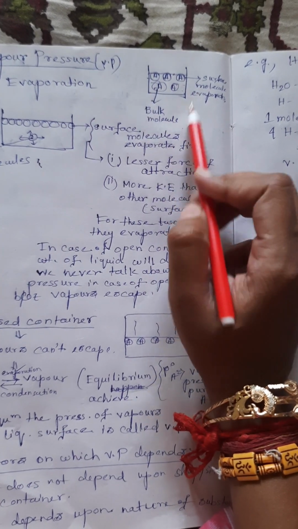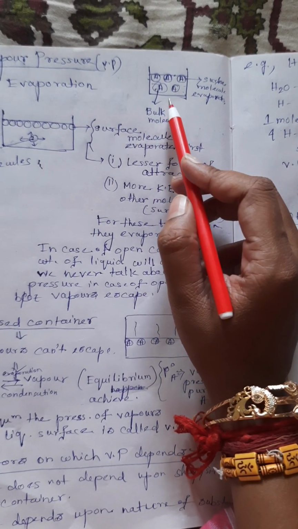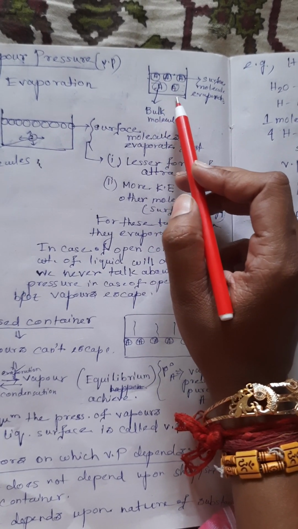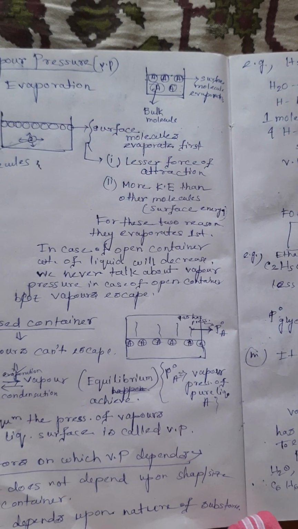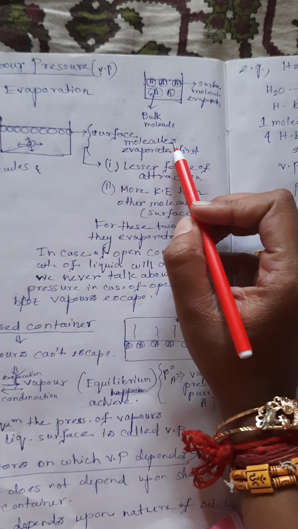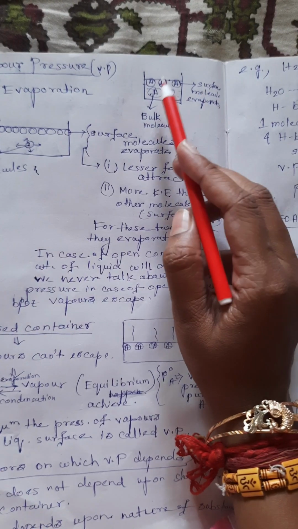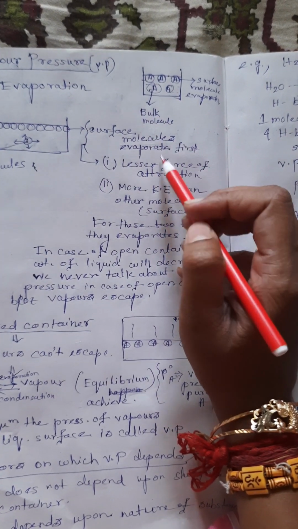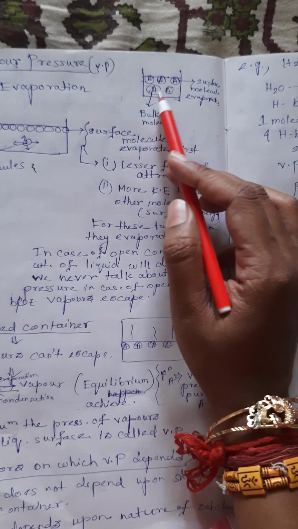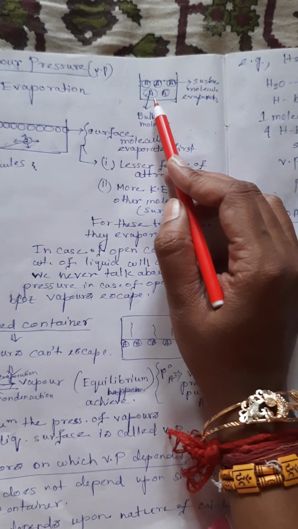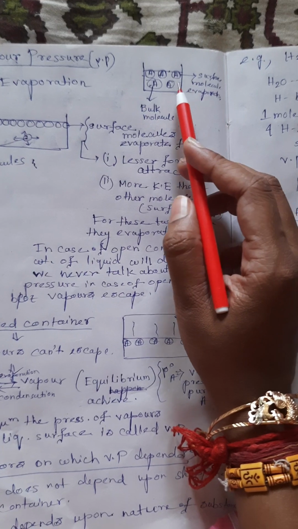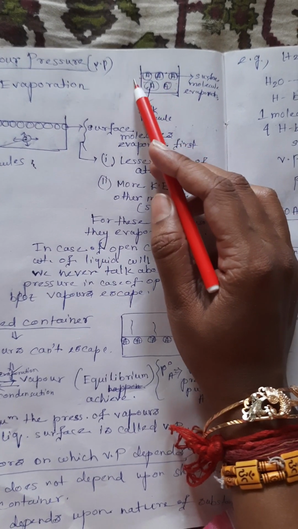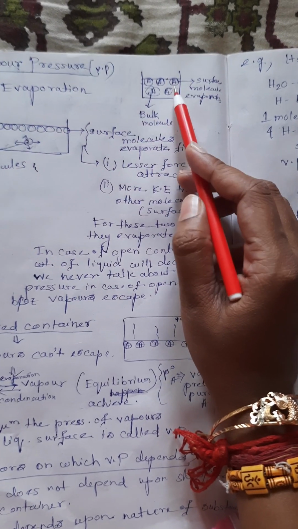You can use these terms not only for an open container but also for a closed container. First of all, bulk molecules of solvent or solute are always present inside the solution, and surface molecules are always present near the surface of the solution.